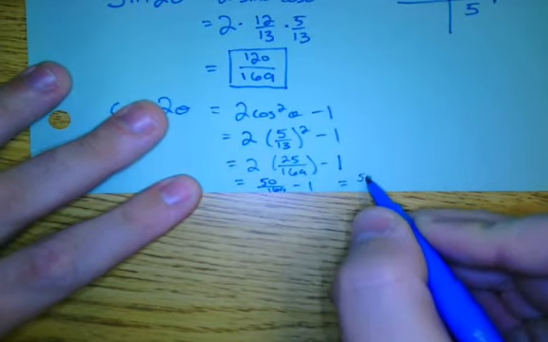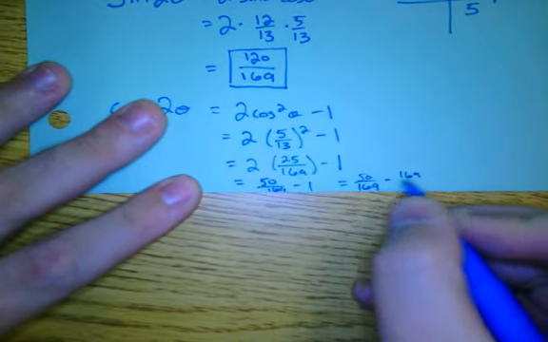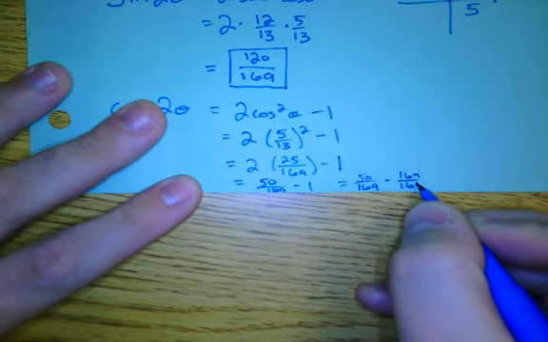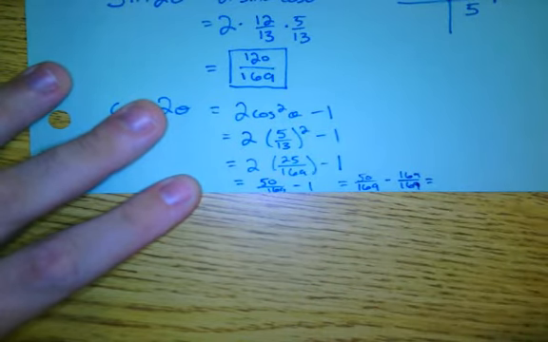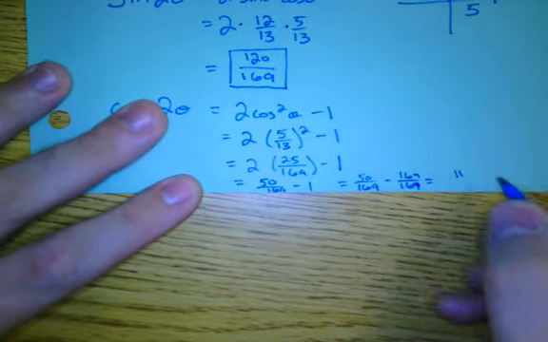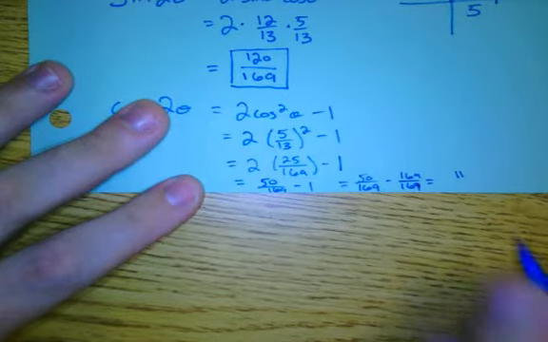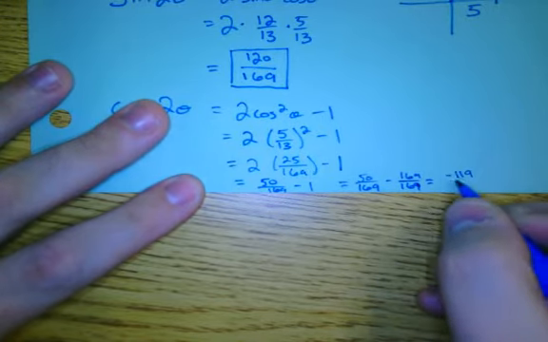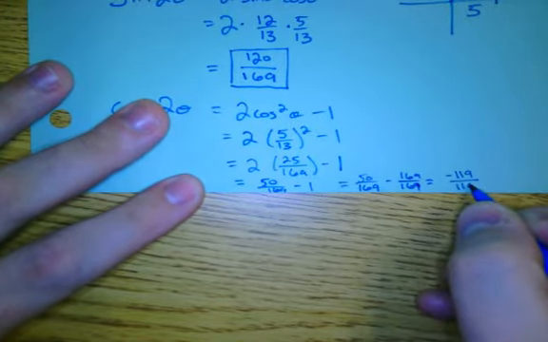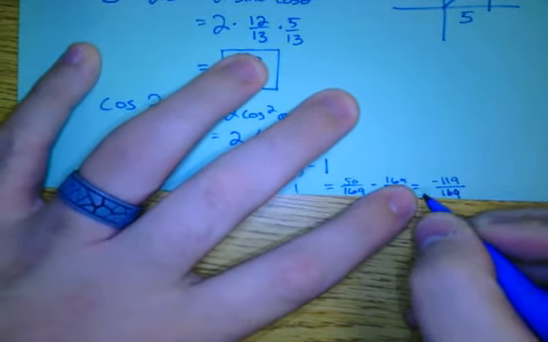So same thing as 50 over 169 minus 169 over 169. So we have common denominators. And I get what? Negative 119 over 169. It's right here. We're good.